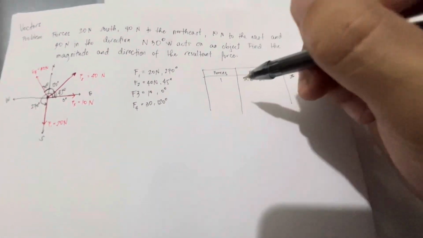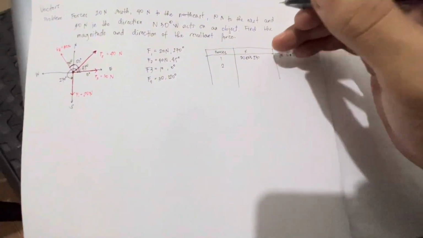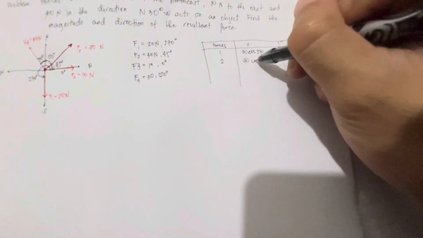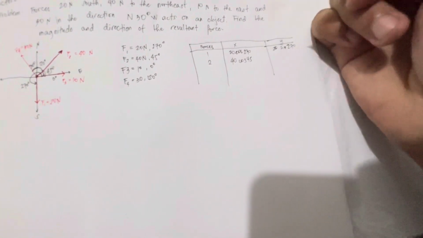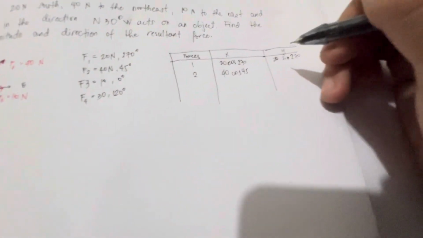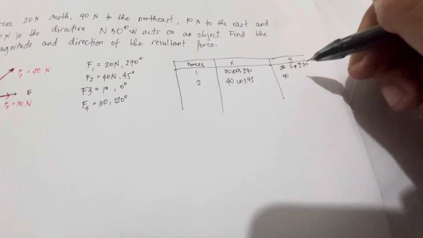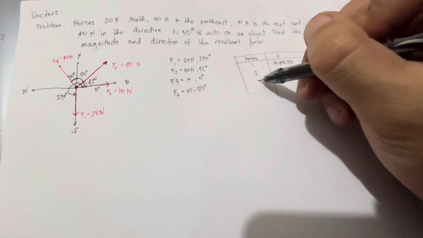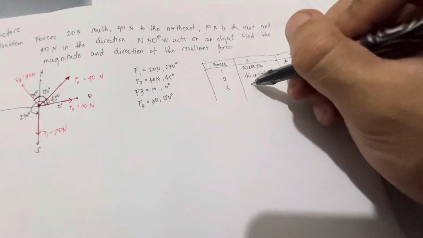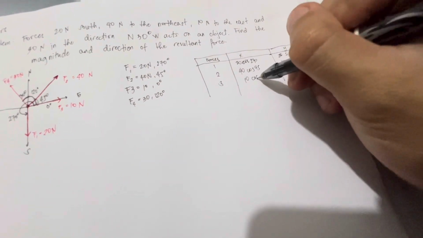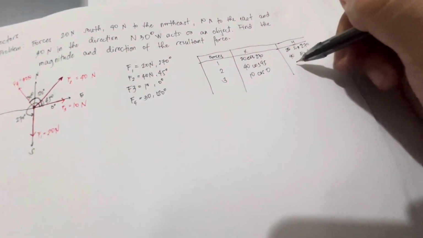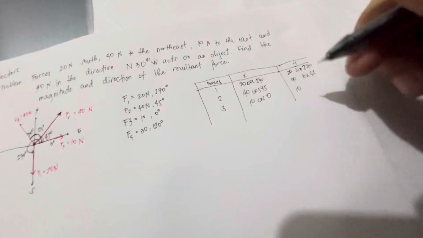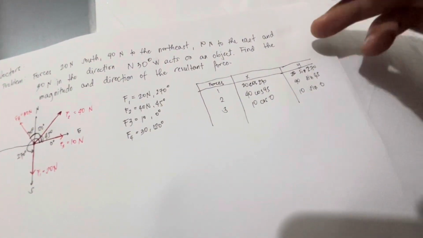Okay, so proceed ta sa force number 2. For force number 2, naay 40 cosine 45, tapos iyang y is just 40 sine 45. For force number 3, naay 10 cosine 0, and 10 sine 0.